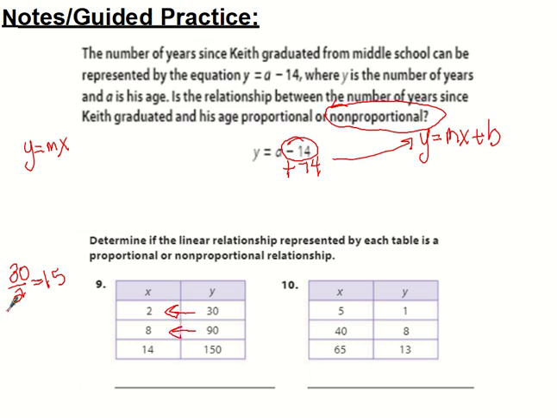And if I compare 90 to 8, we want to see if that's 15, and if it's not, then it's not going to be proportional, but if it is, we need to keep going. 90 divided by 8 is not going to be 15. When I divide this, it's 11.25, so this would be non-proportional.